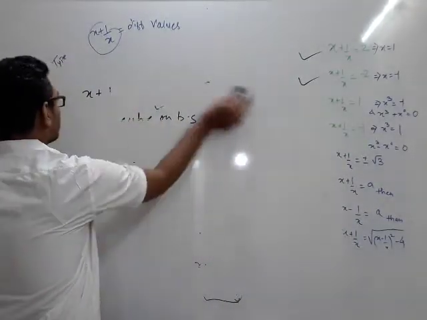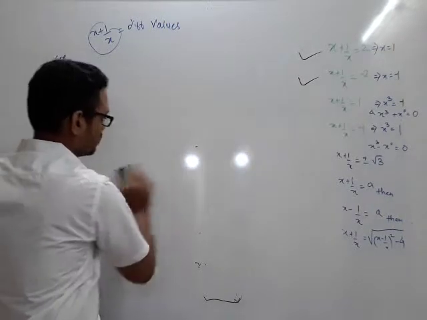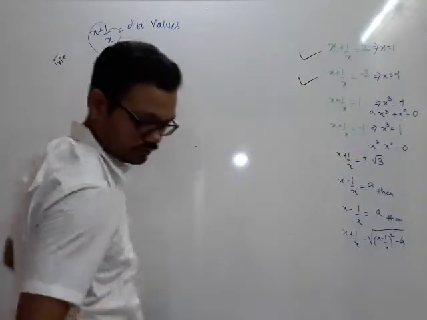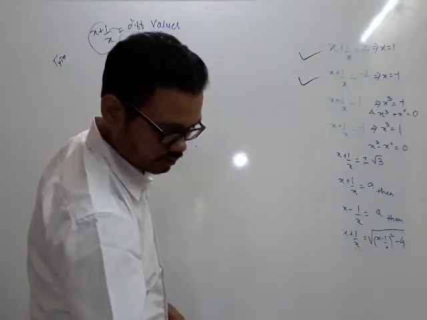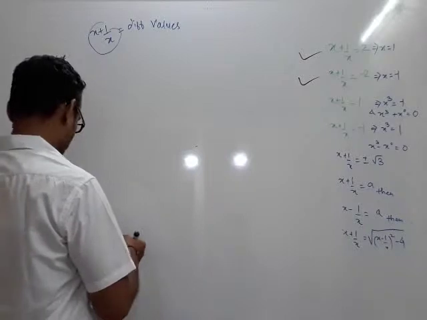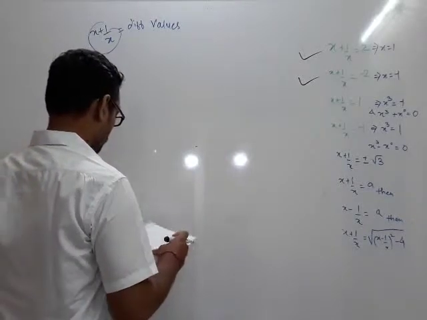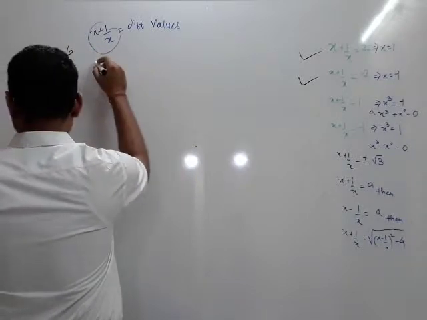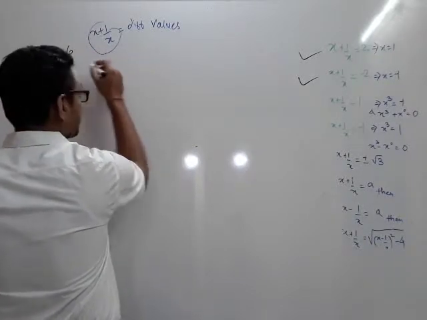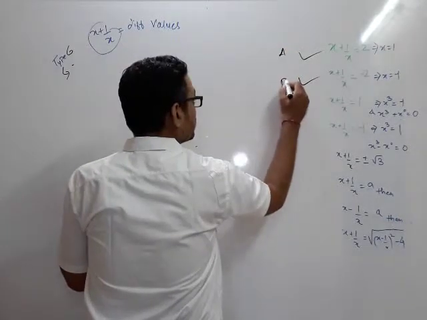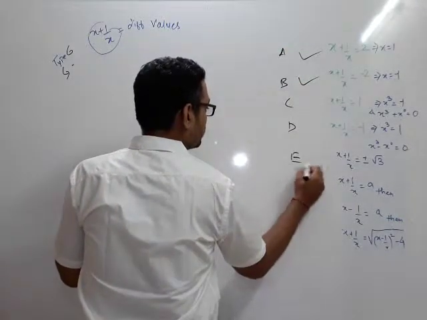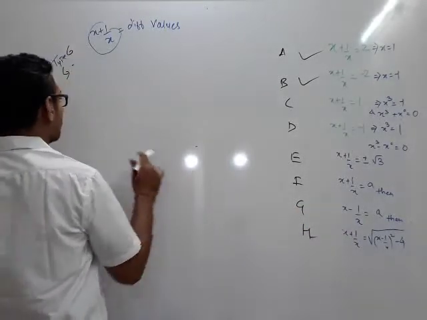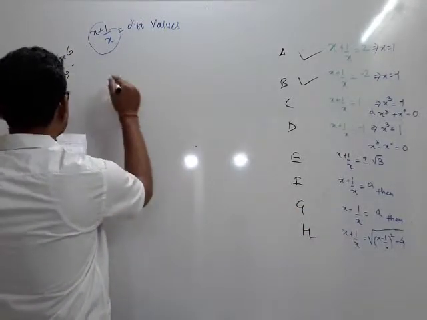Let's see what are the type of questions which are asked. Okay, this is type 6. In type 6, this is a subtype. This was A, B, C, D, E. This will be F, this will be G, H, whatever. You can name it as you want, not important. Remember the formula.